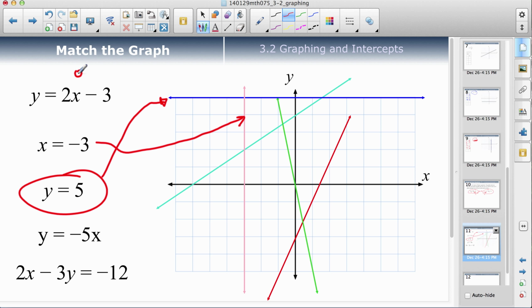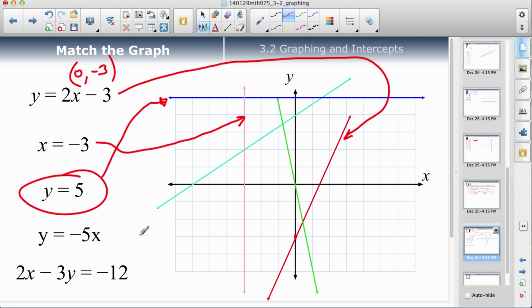So if I plug a 0 in, 2 times 0 is 0. 0 take away 3 is -3. So I should have a point on this graph of 0, -3. So 0, -3 is a point right there. Looks like this line here is the only one that has that point as part of the line. So that one is this line right there.